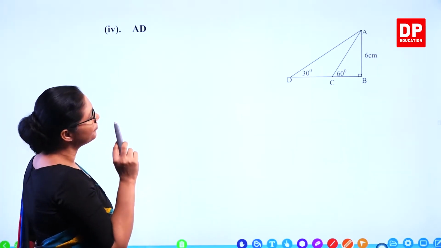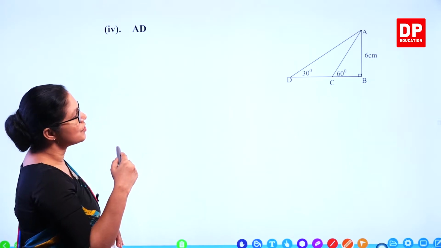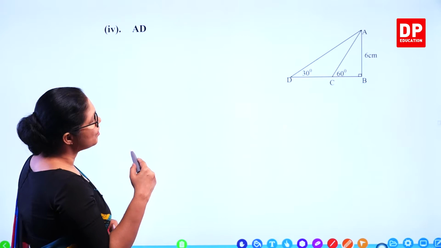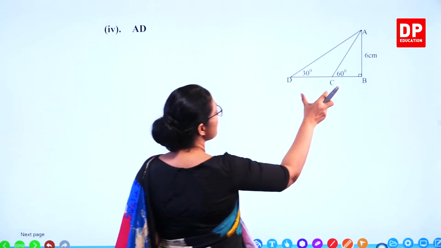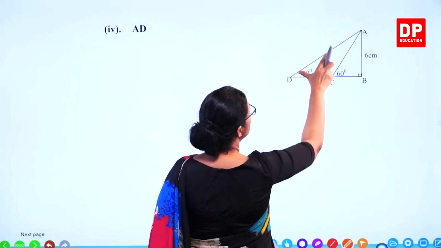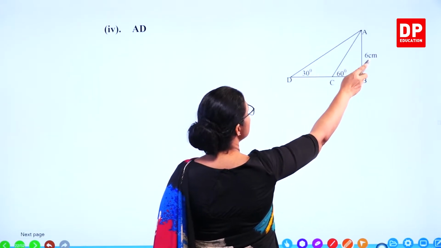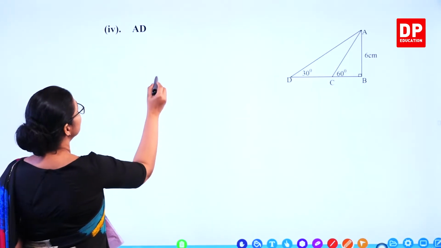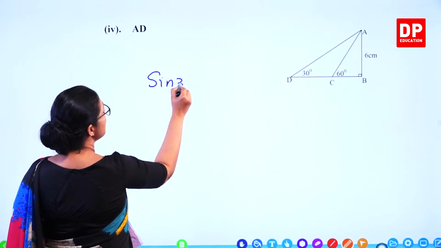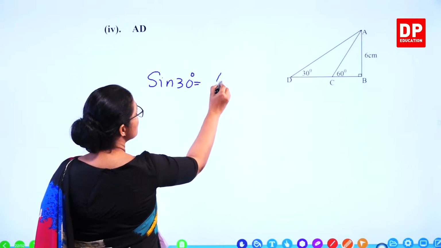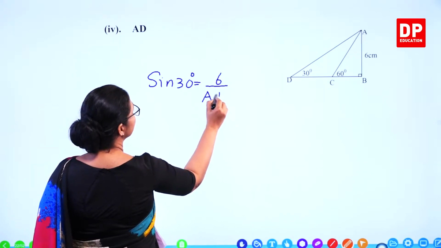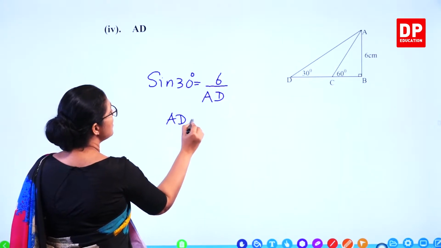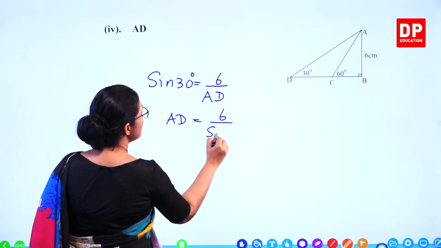So 2 marks for that. AD now. AD is the hypotenuse. So which one can we use? Now here this is the hypotenuse and here this is 6. Sine ratio for the bigger triangle. Sine 30 is equal to 6 over AD. So AD is equal to 6 over sine 30.